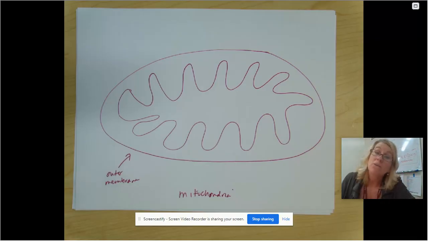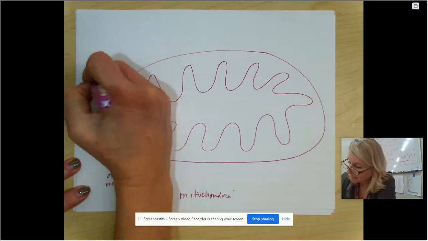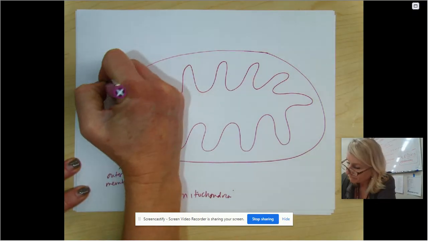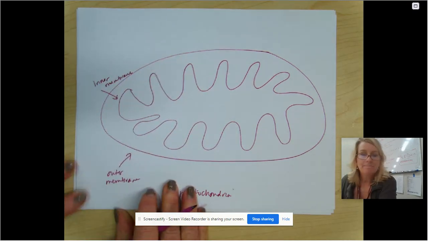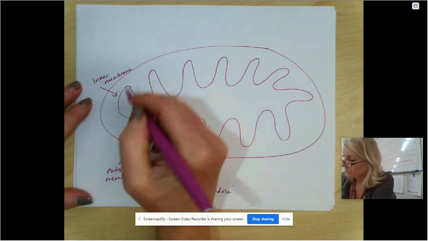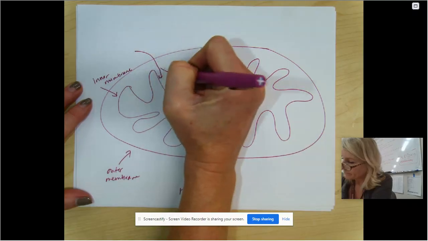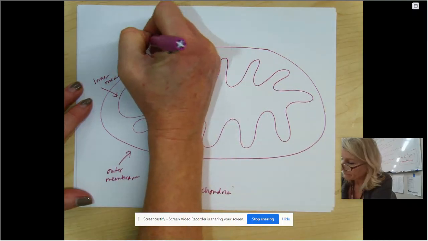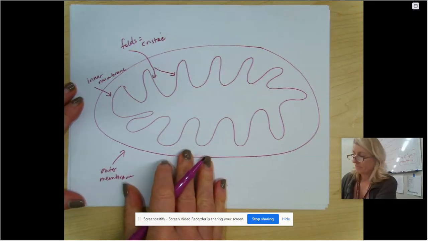And the more membrane you have, the more ETCs you can have, which means the more ATP you can make. So this is your inner membrane. Okay. And these folds, of course, are called the cristae. So the folds are the cristae.